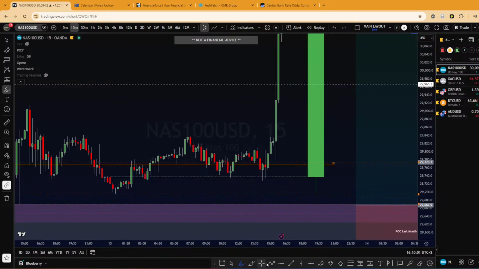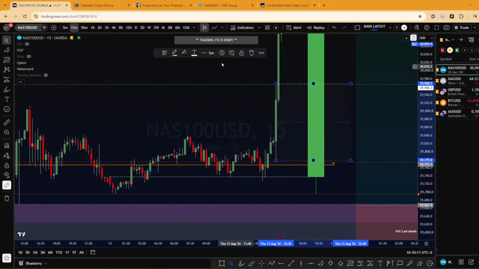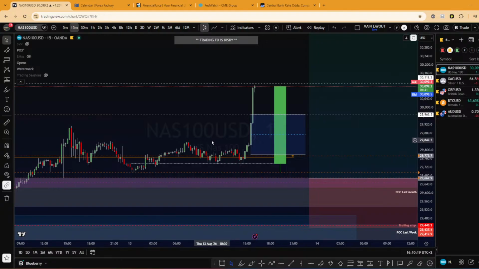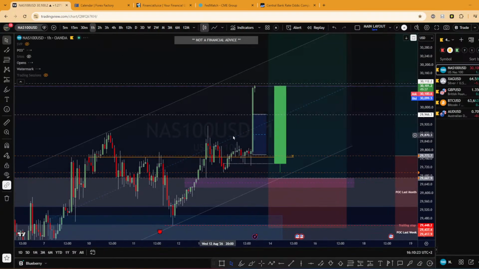Damn, this thing is flying. This thing is flying up here. Yeah, a lot of breakouts to the upside.